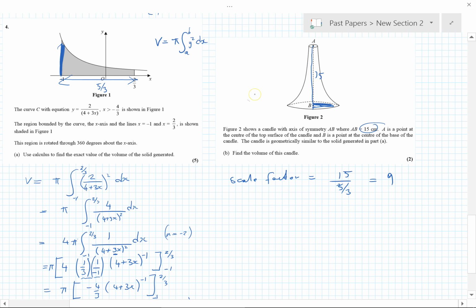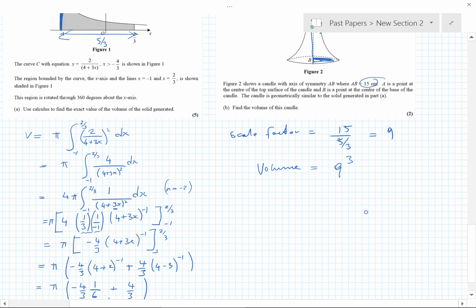The volume will be 9 cubed times bigger, so the volume will be equal to 9 cubed times our 10 pi over 9. So the 9 cubed cancels with 9 to give 9 squared, which is 81.